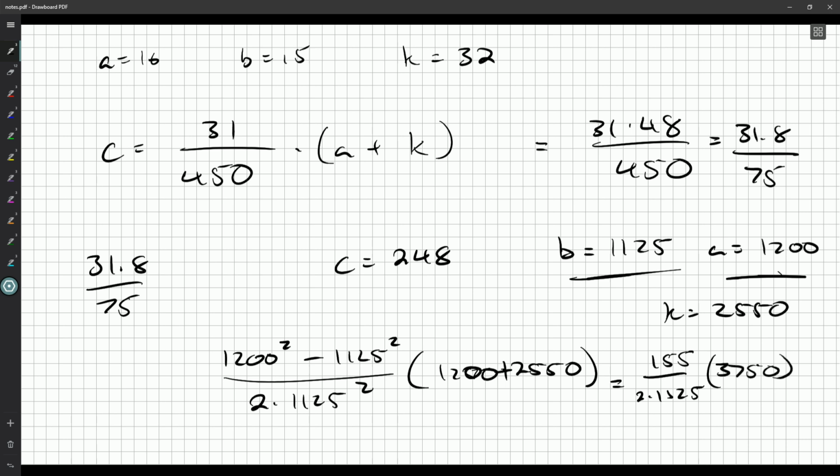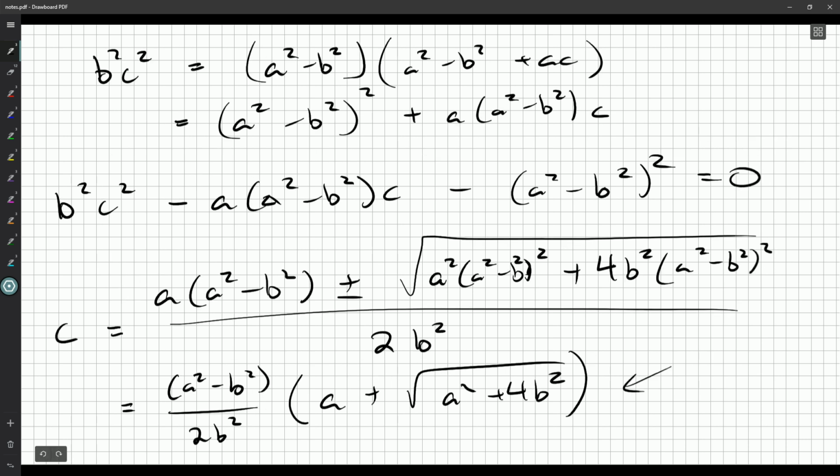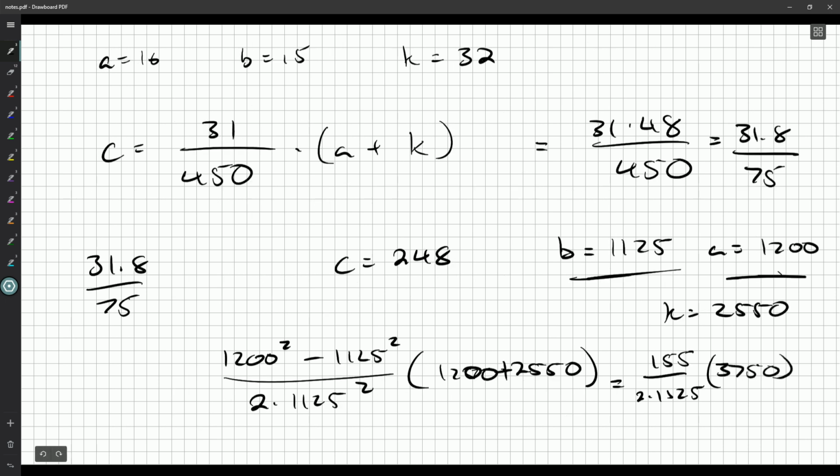I was fine with my expression for C here. That went quite well. And then that darn 2b squared at the bottom, I feel like that's the culprit. And here I wasn't very worried about that.